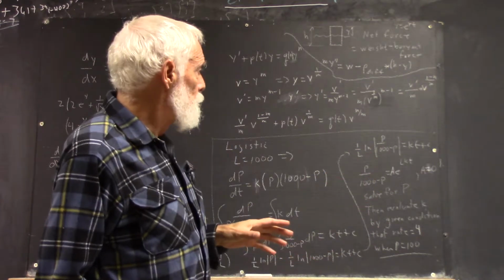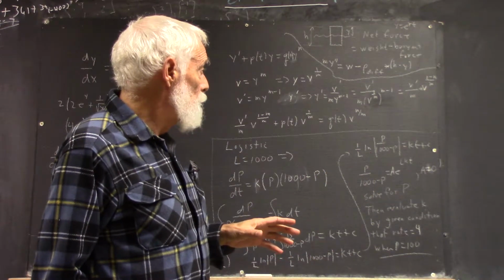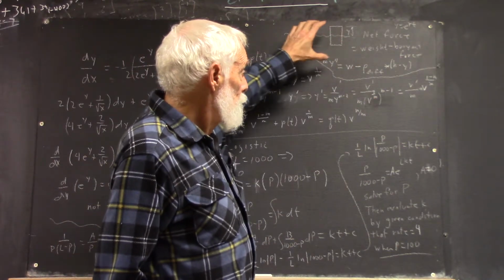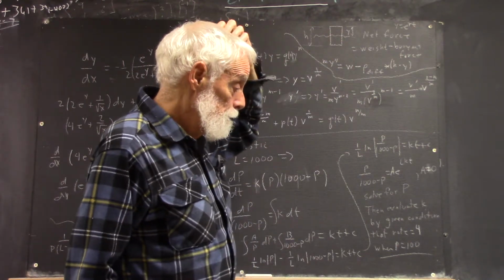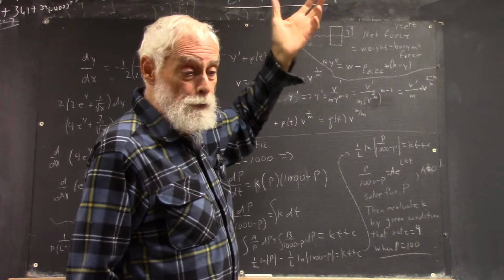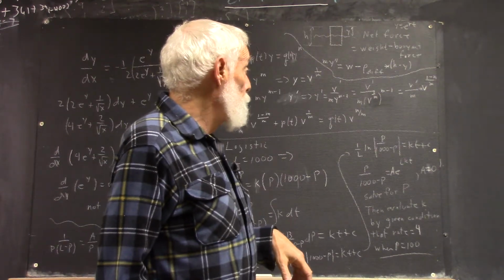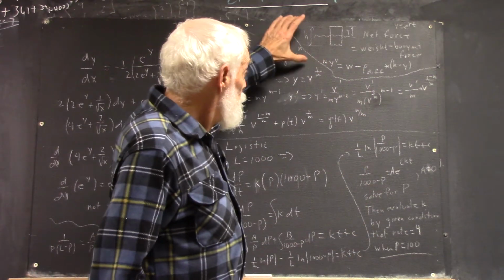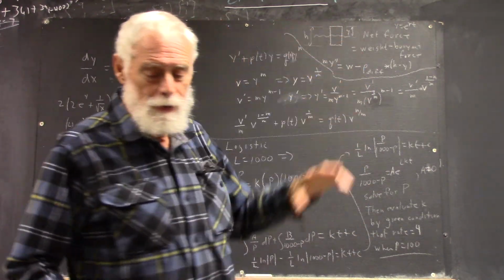It wasn't very good judgment. It maybe required a little bit more insight into the way these equations represent the real world. Okay. The equation itself is easy enough to solve. Understanding this connection is kind of the big deal.